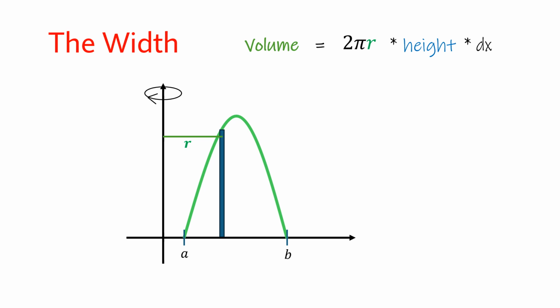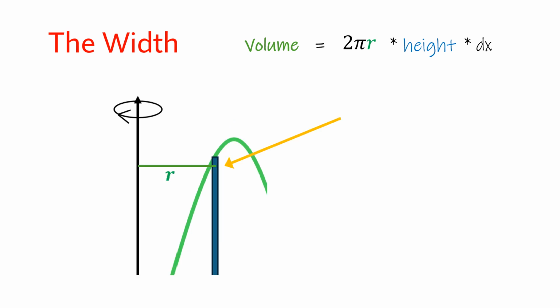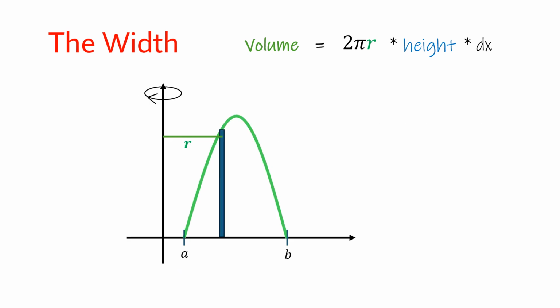It almost looks like the radius goes to that green curve, but let's zoom in to actually check that. So r actually, if you look at it zoomed in, it comes out to the rectangle, not the curve. And it also stays at that distance because it is the radius of the cylinder. So you can see that that distance is always going to be the same no matter where it is on that cylinder. So what is this distance?